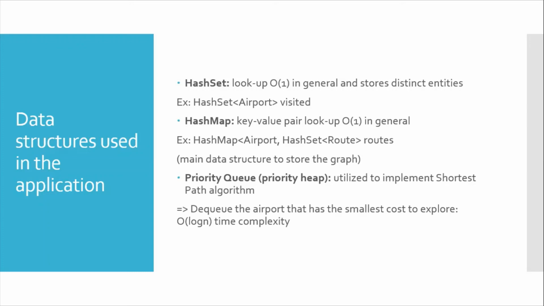That's why I made the pair class implement the comparable interface, and the time complexity to dequeue the airport that has the smallest cost to explore for the shortest path algorithm is big O of log n, which is good.